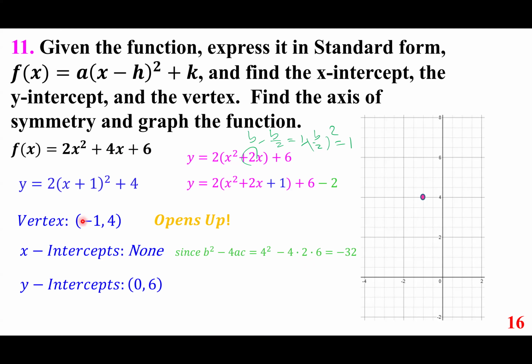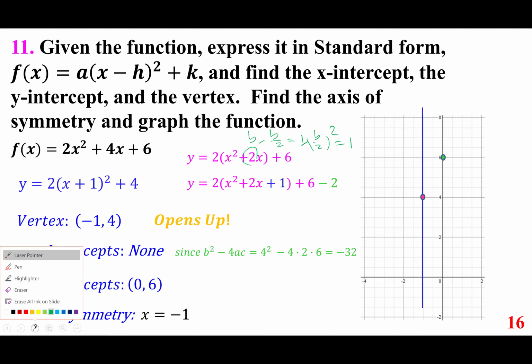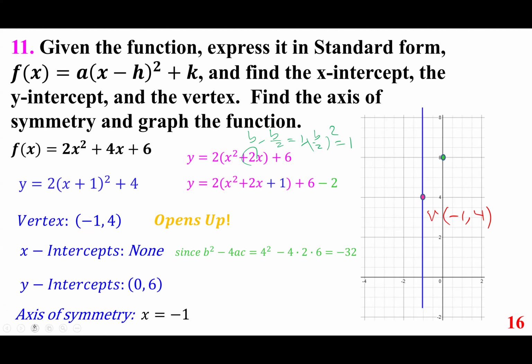Axis of symmetry, well, here's the vertex, so x equals negative 1. So when you graph the axis of symmetry, when you graph the vertex, let me put V here, vertex located at negative 1, positive 4. And we have the y-intercept at 0, 6, and it opens up.